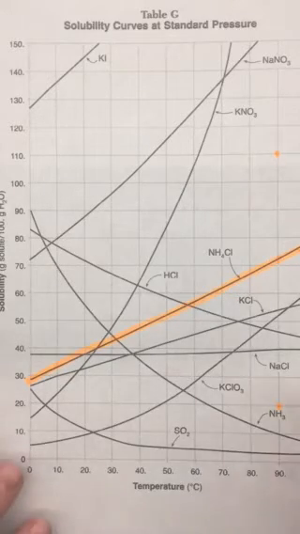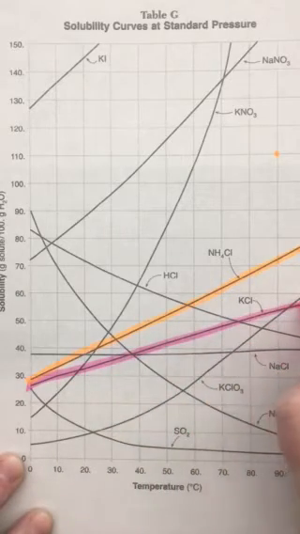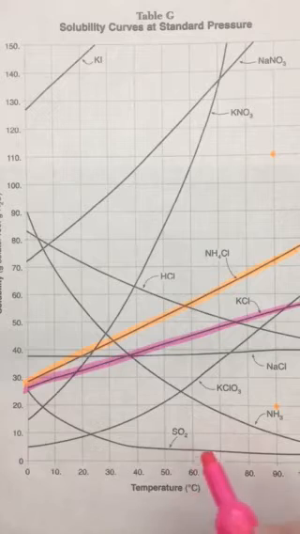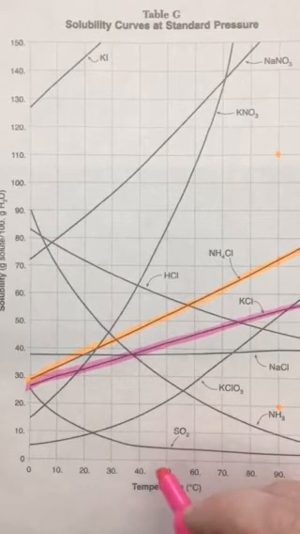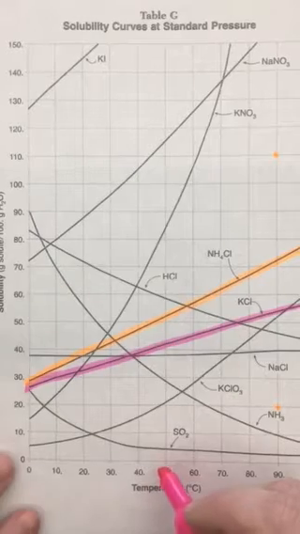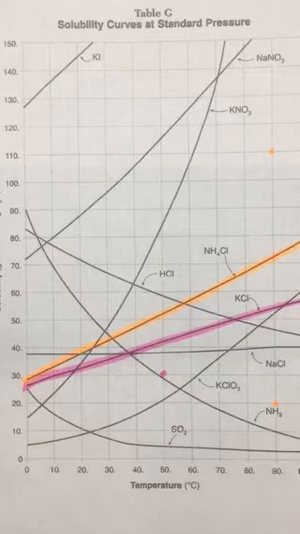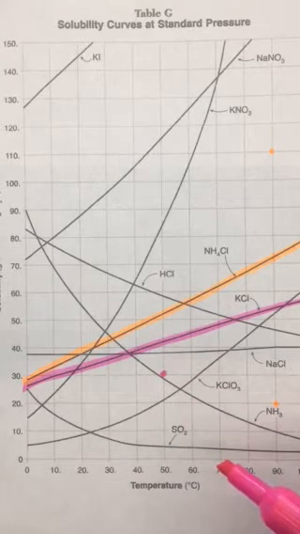Next, let's look at a potassium chloride solution, which would be along this line itself. Well, if I had a potassium chloride solution at 50 degrees Celsius in 100 grams of water, and I dissolved 30 grams of potassium chloride in that 100 grams of water at 50 degrees Celsius, we can see because the point is under the line, I would have an unsaturated solution.